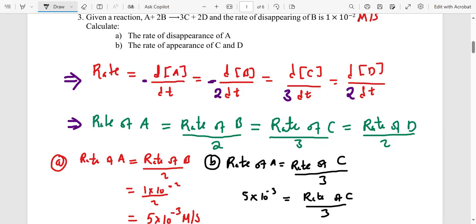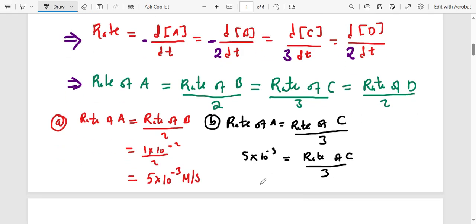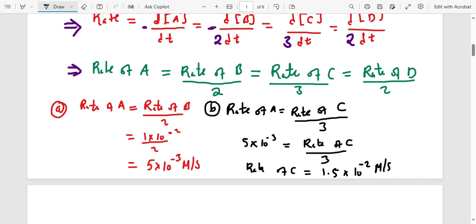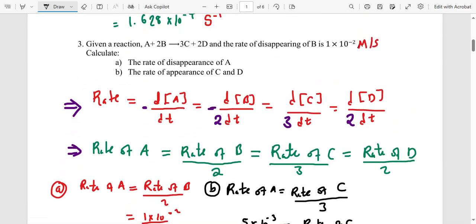Therefore, the rate of C is going to be 3 multiplied by 5. That's 15. But if I write it in standard form, it's going to be 1.5 times 10 to the power negative 2 molar per second.